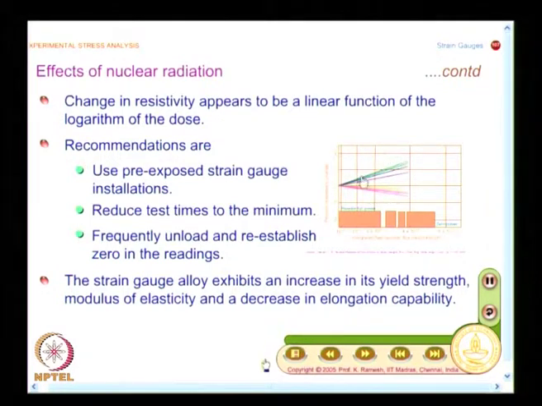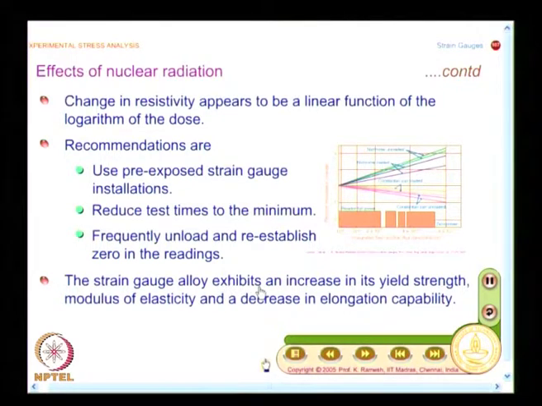That is what this graph shows, it is varying linearly. So, I can at least follow some of these recommendations and then improve the measurement capability. And another surprising thing also happens when strain gauge alloy is exposed to radiation.